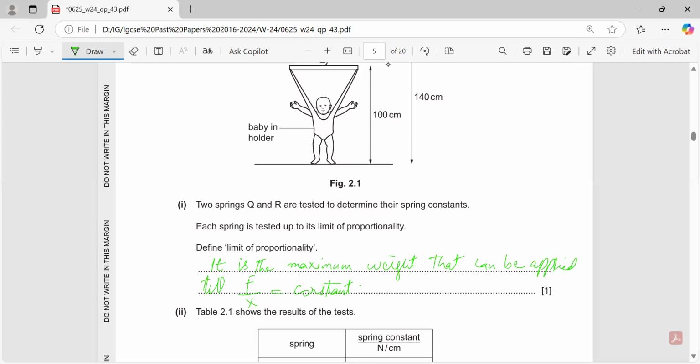And if we have to write it in terms of graph, then my dear friend, as long as the graph is a straight line, that is the limit of proportionality. And when it starts to bend, the limit of proportionality is exceeded. So it is the maximum weight that can be applied till F over X is constant. Meaning after the limit of proportionality, F over X, which is equal to K, will be no more constant, it will start changing.